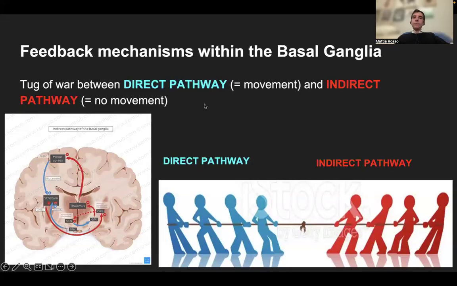And you have two different pathways. One that's saying, let's go, allowing the movement from the motor cortex to reach the periphery and reach your muscles. And another that says, no, let's stop. This is a tug of war between two different populations of neurons.